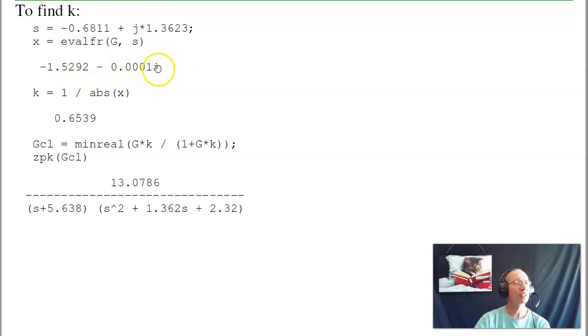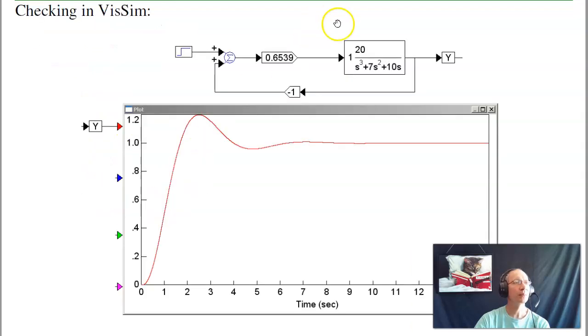That's almost 0. This point isn't exactly on the root locus, but close. K is whatever it takes to make the gain minus 1. So in this case, k is 0.6539. If I then take the closed loop system and simulate it, sure enough, I've got 20% overshoot.